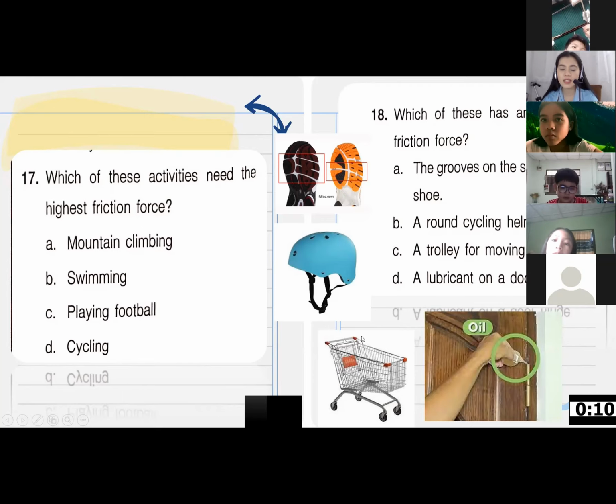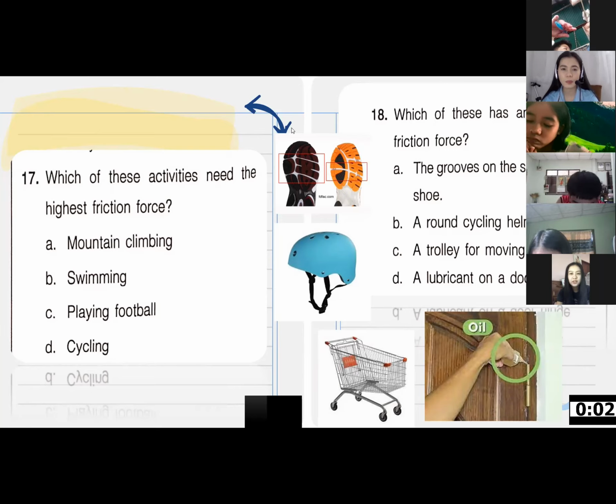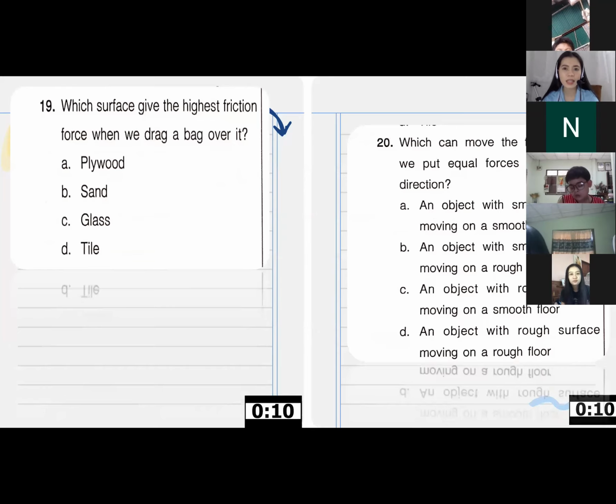A, B, C, or D? Ready? Go. Time's up. Are you finished? Yes, teacher. Okay.